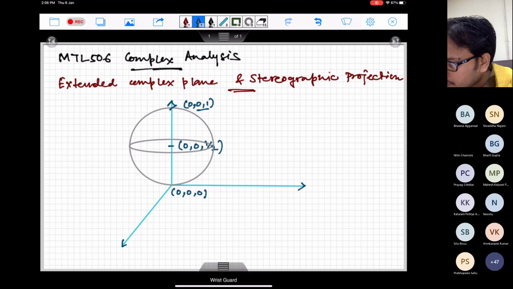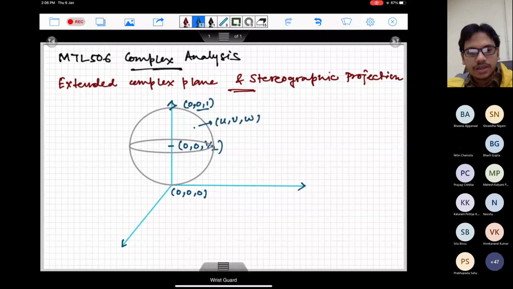I'll write down everything explicitly. We are going to start by taking a point on this sphere, call it (u, v, w).